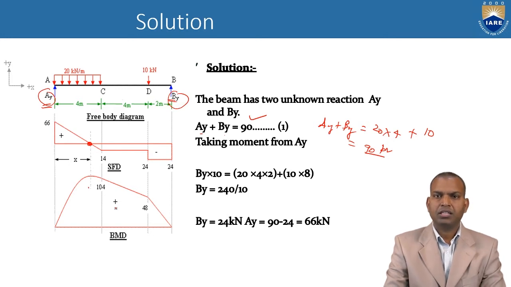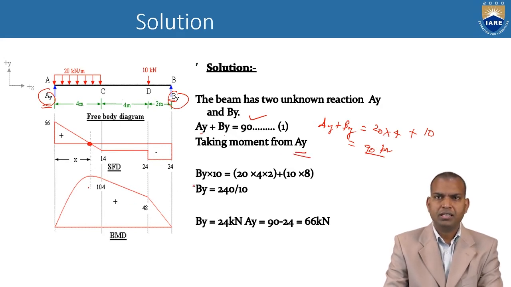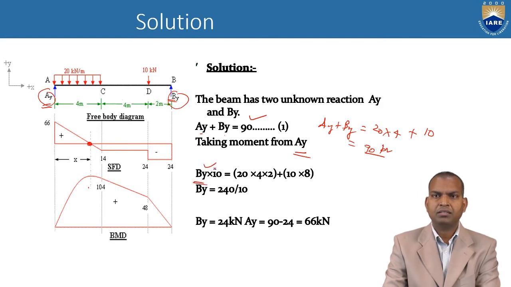The next equation is the moment equilibrium equation. We take moments about point A. By into the distance: By into 10, because the distance is 4 plus 4 plus 2, that is 10 meters, equals 20 into 4 into 2.